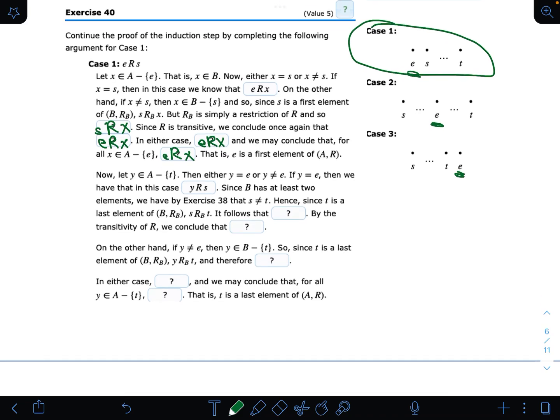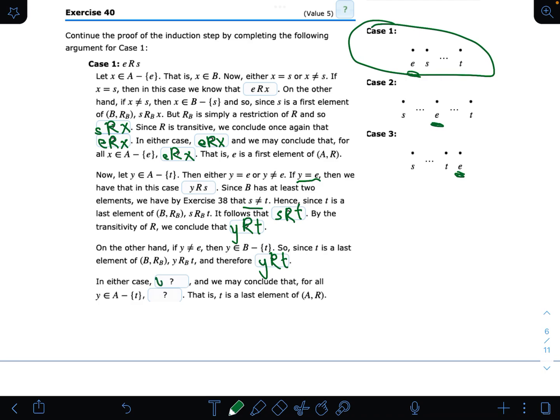If I've got some element Y that's not E, Y is either E or it's not E. If I assume that Y equals E, then we'd have Y relates to S. Since B has at least 2 elements, as we said right here, S is not T. Since T is the last element, I'll write S relates to T for the relation R, and by transitivity we would conclude Y relates to T. And that's going to also fill in down here.